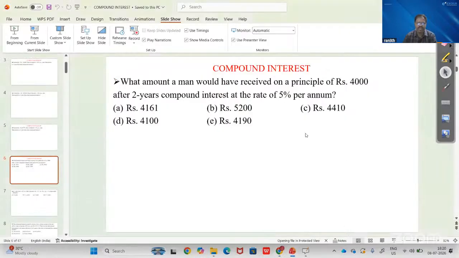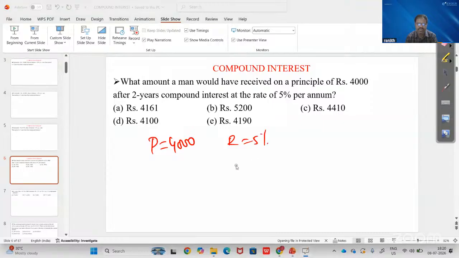Just look at here. What amount would a man have received on a principal of 4,000, where R equals 5 percentage and T equals 2 years?